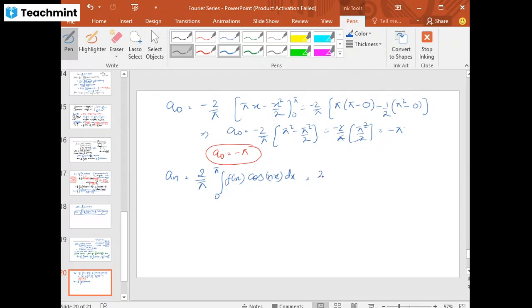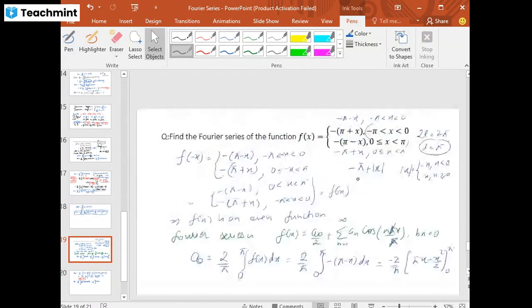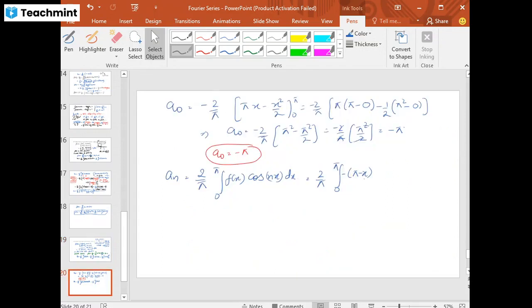So 2 upon pi, 0 to pi, the function is minus of pi minus x. In the interval 0 to pi, its value is minus of pi minus x into cos of nx dx.